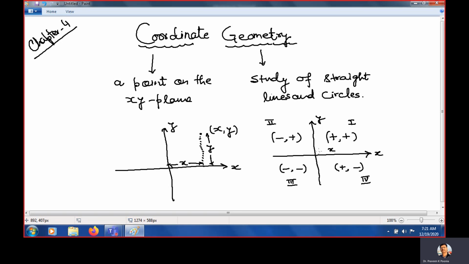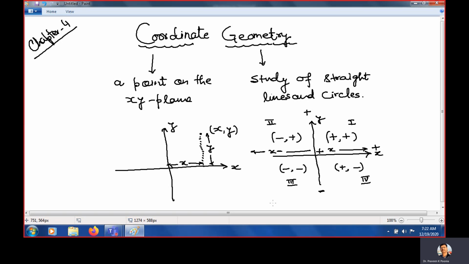This side x is always positive, and this side x is negative. Similarly, above, y is positive and below, y is negative. So you need to act accordingly.